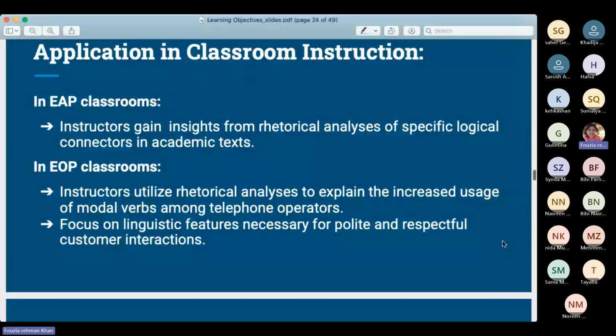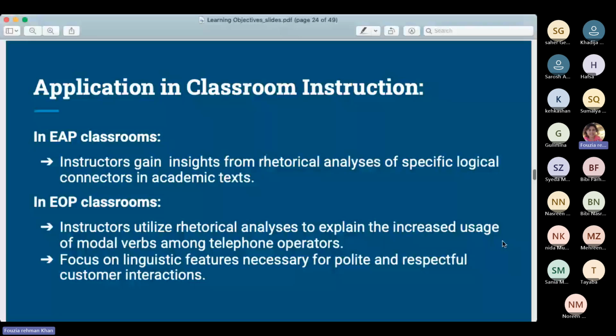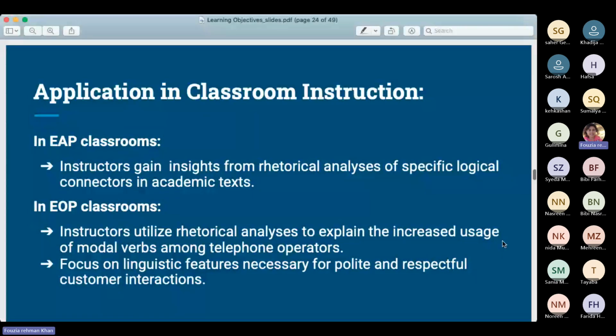As rhetorical analysis is about looking for persuasive language, okay, words that might be more persuasive in a particular field or in a particular discipline. So when we teach them, as the example is given of telephone operators or call center people who are interacting with the customers or their clients, they need to be very polite in their customer interaction.